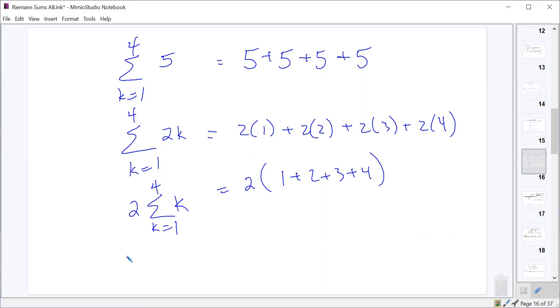Let's see. What if I said the sum from k equals 1 to 3 of 3k squared plus k plus 1? What would that be? First term would be 3 times 1 squared plus 1 plus 1, right?